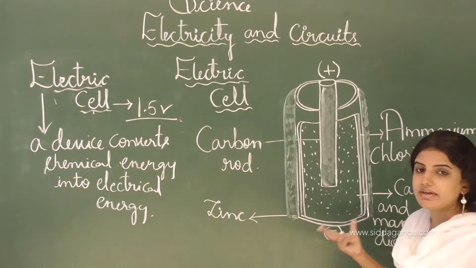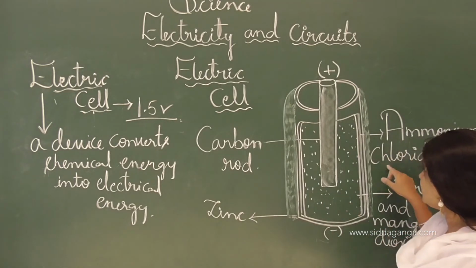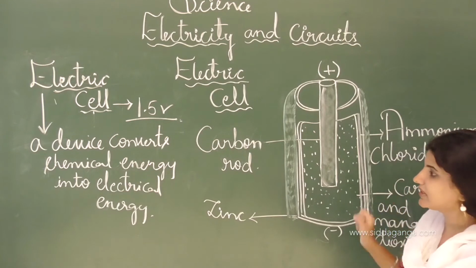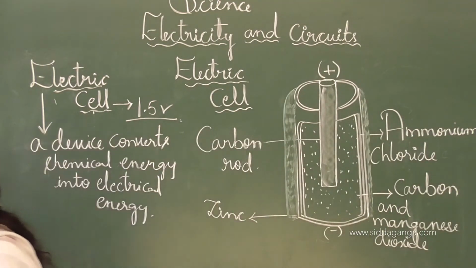And usually the dry cell will be sealed at the top so that the ammonium chloride will not flow or dry up. So that's why they are sealed up. And see, this is the structure of the electric cell.